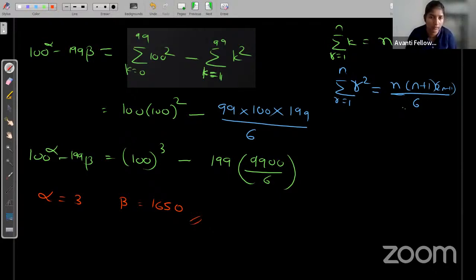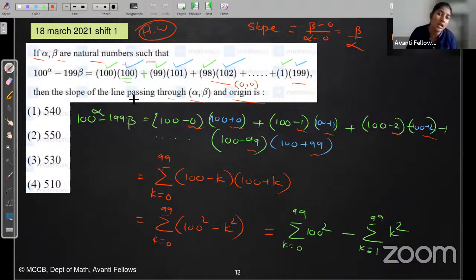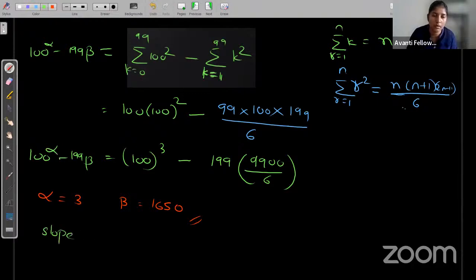This is not the end. We found alpha and beta values, but what is our ultimate goal? What have they asked us to find? They've asked us to find the slope of a line passing through this point, and found that the slope is nothing but beta by alpha. So slope will be equal to beta by alpha, which is equal to 1650 divided by 3.